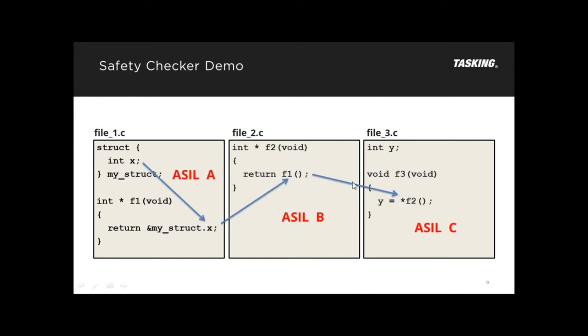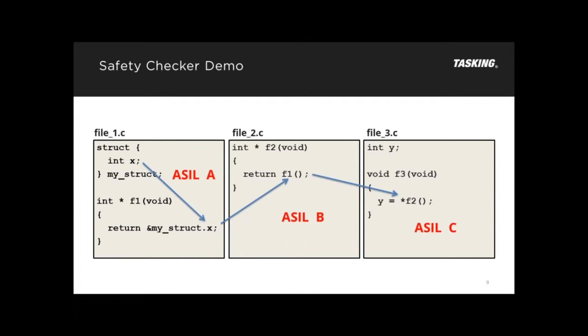So this is the flow of the software that I have. It's very simple, but it illustrates the problem that we're facing, which is that there are accesses from one software component to another, and I want to make sure that there are no bad accesses or violations based on the rules that I already put for the safety checker.